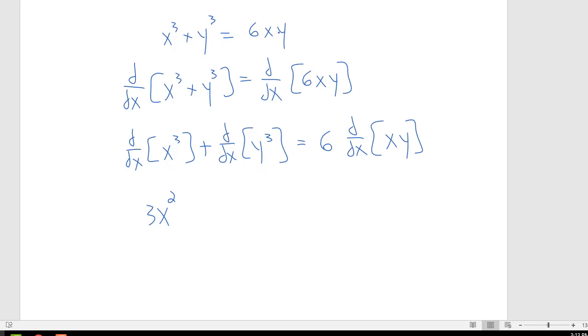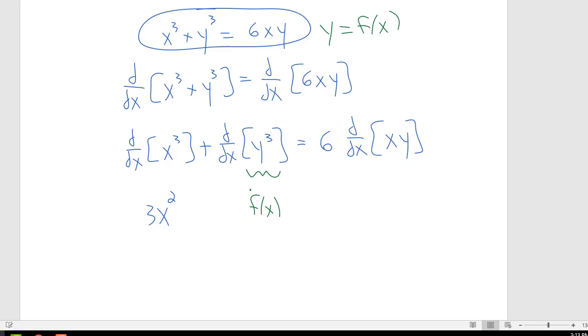If I could have solved for y in this equation, I would be getting y as a function of x. Now, granted, we couldn't find y as a function of x, but we're assuming that we could. So what I'm really looking at in this expression is some function of x that's being cubed. And I want the derivative of that expression.